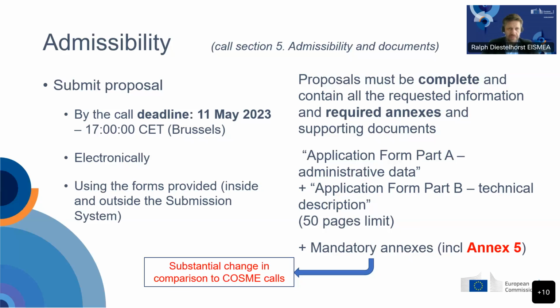The first one is the section that you do online. When you go to the Funding and Tenders portal, that's where you can start the submission. You click, and actually you will see when you open the section that you have a part A and a part B. The part A is above all about administrative data, including a summary of the budget, and this you fill in online.